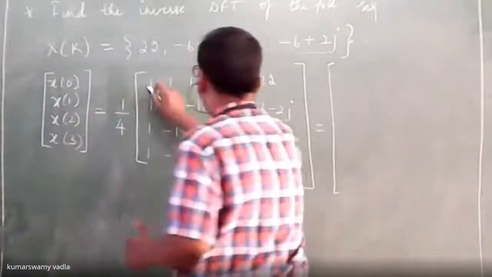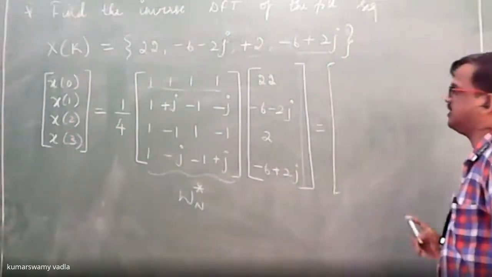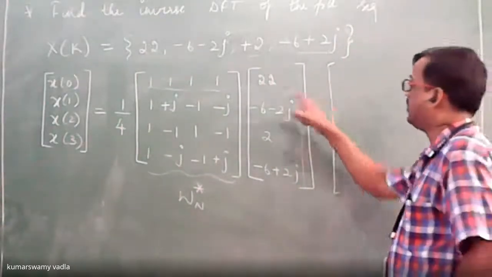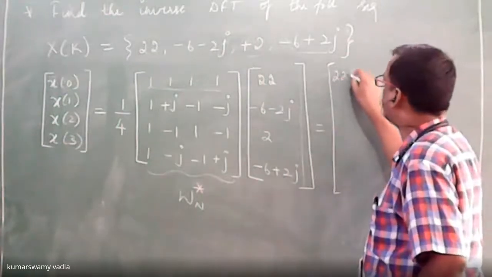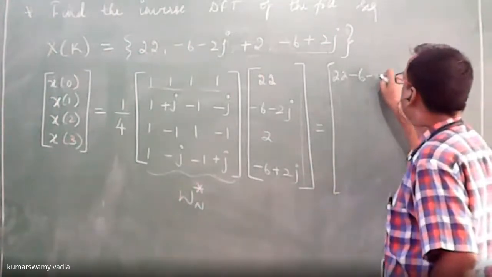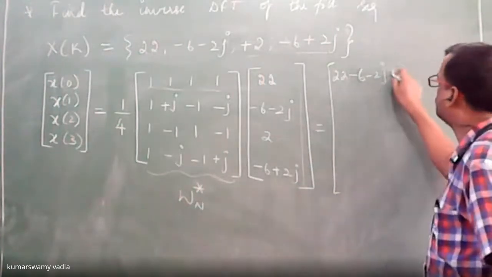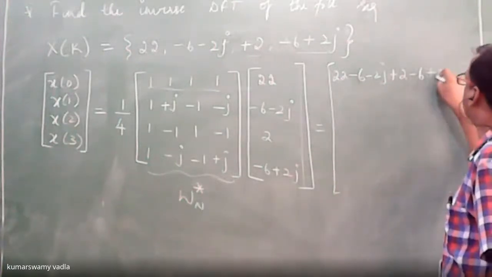Yes, sir. Okay. Now you need to cross multiply like this, matrix multiplication as we did before. Here 22 plus, I'll write directly, minus 6 minus 2j plus 2 plus minus 6 plus 2j.